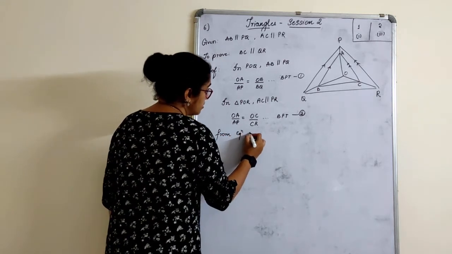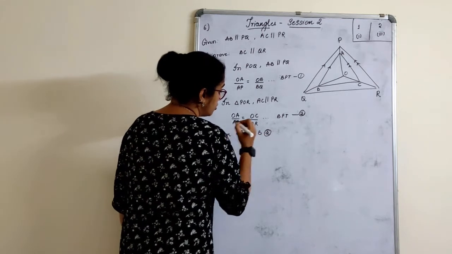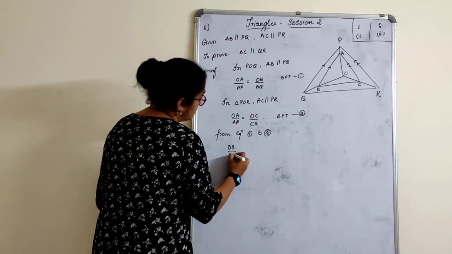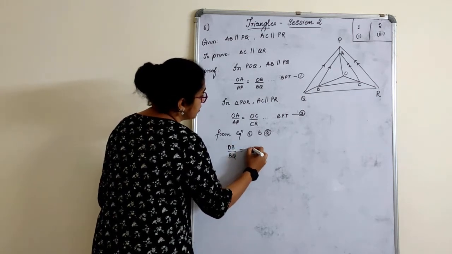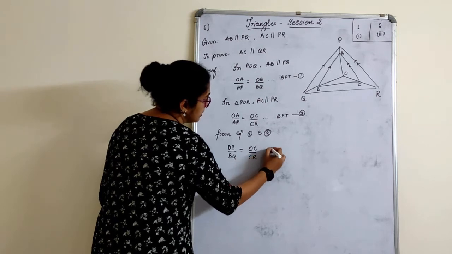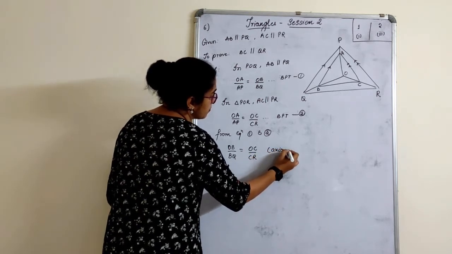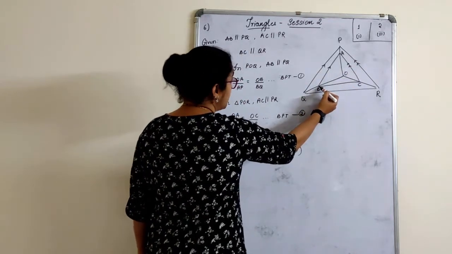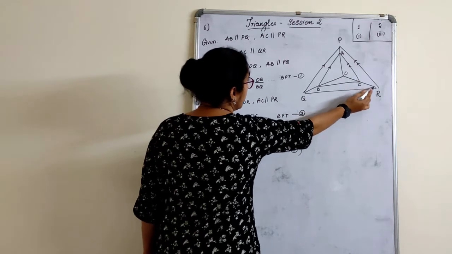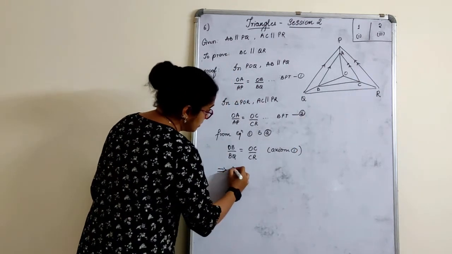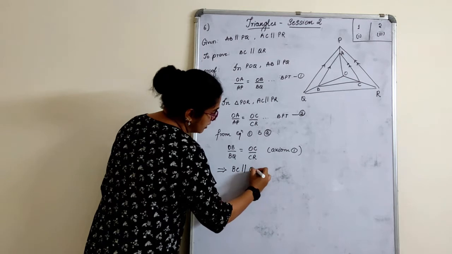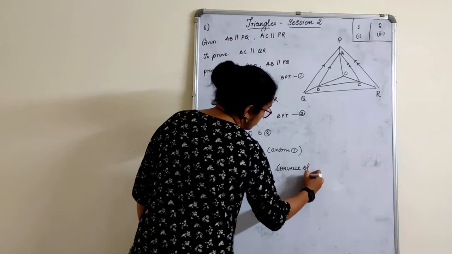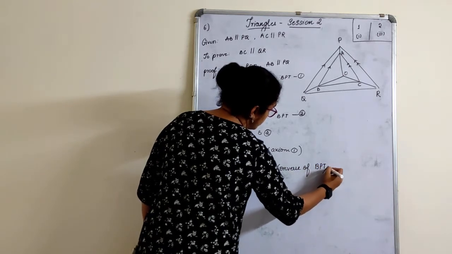From equation 1 and 2, OB upon BQ is equal to OC upon CR. Axiom 1. This implies BC is parallel to QR. Reason: converse of BPT.